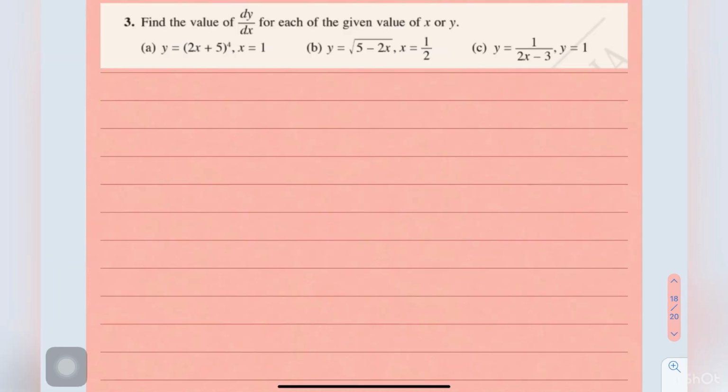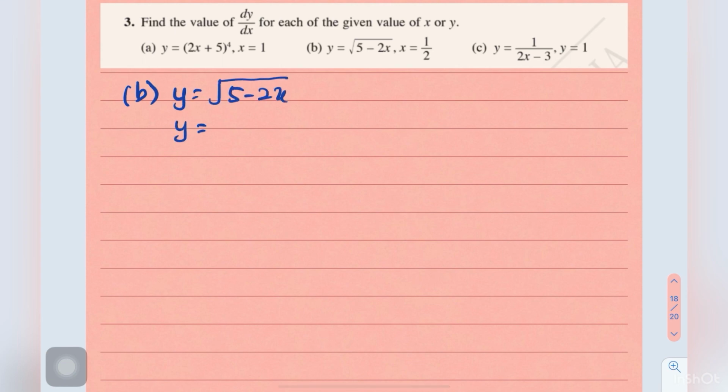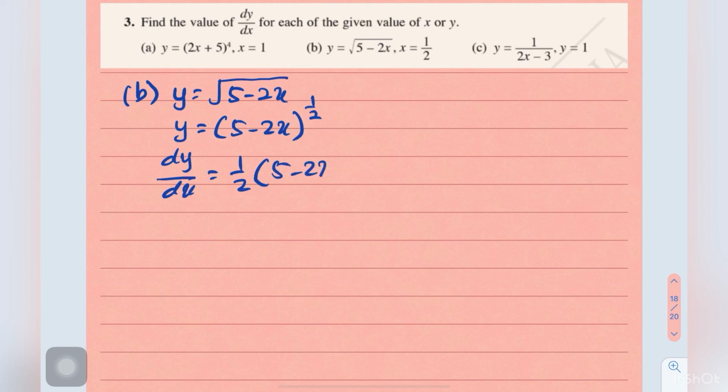Here we have 216. B, y equals square root of 5 minus 2x. So y equals (5 minus 2x) to the power of half. Y in terms of x, differentiate, we get dy/dx. So 1 over 2, (5 minus 2x) to the power of 1 over 2 minus 1, times negative 2.